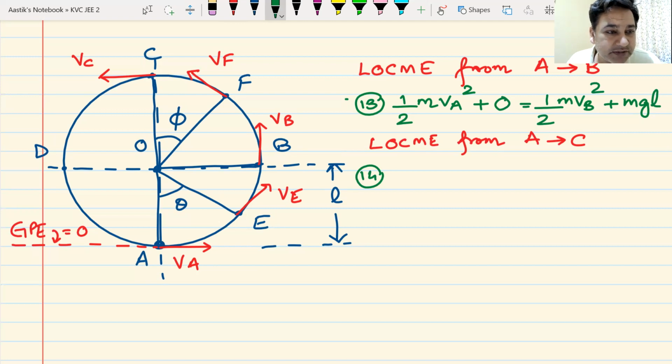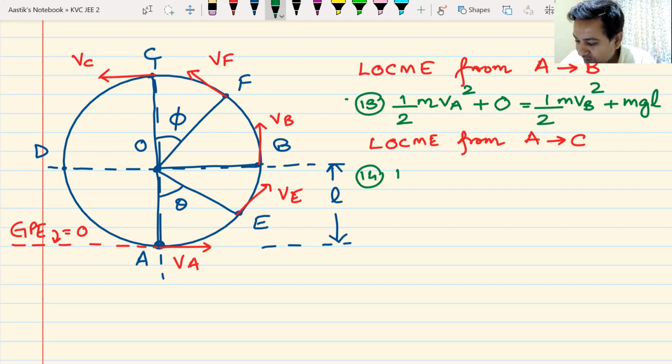Deepak, Santosh, well done. Now is the time that you tell me the equation from A to C. Half m VA squared equals mg2l.